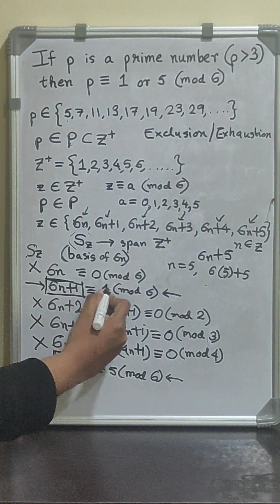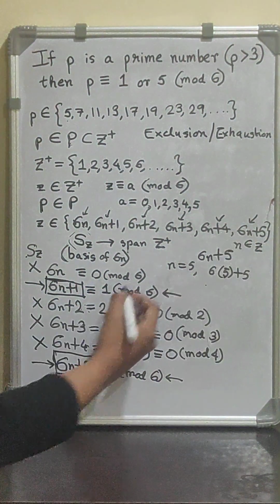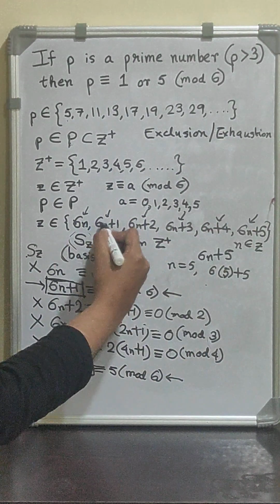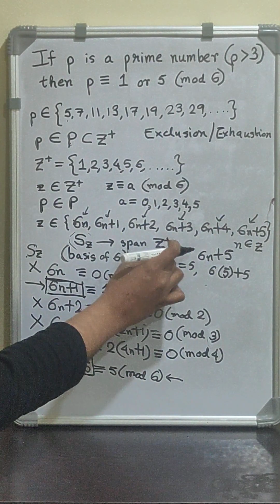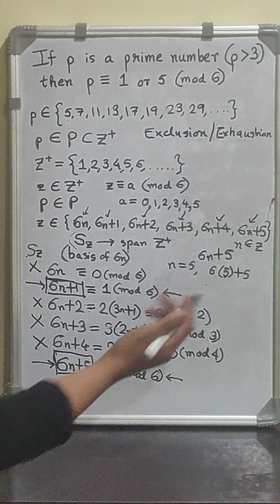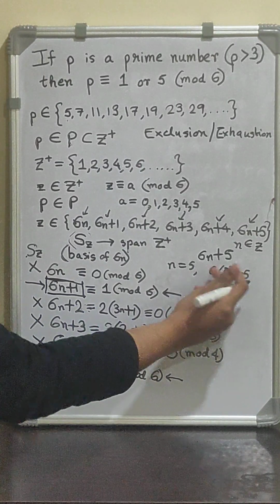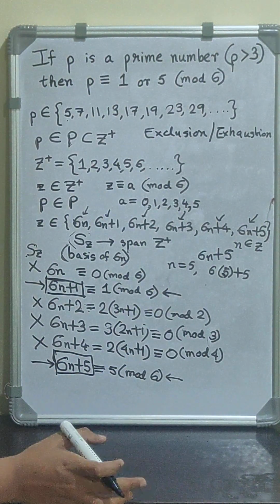But not every number that leaves a remainder of 1 or 5 has to be prime, because that depends on the value of n. Remember, this is a basis. This changes the spanning, or whichever positive integer it represents in Z plus, depending on n. So if n happens to be a number that gives you a composite number, not a prime number, that can of course happen.